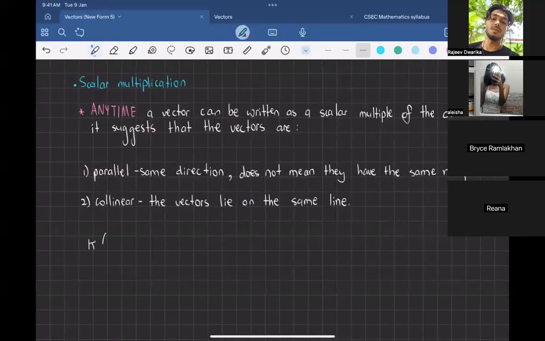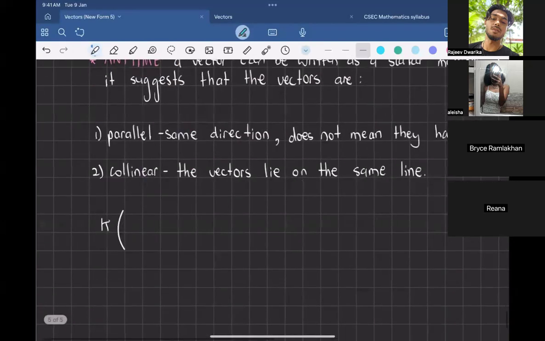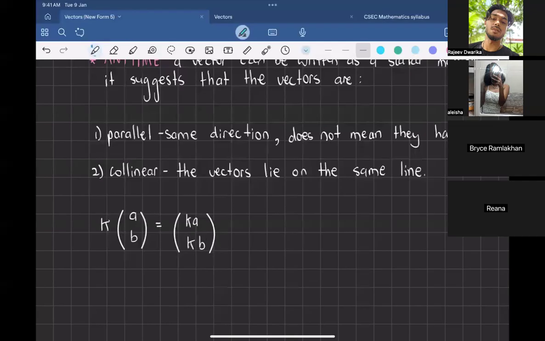If I have k times (a, b), then that would be equal to (ka, kb). That's how simple it is.